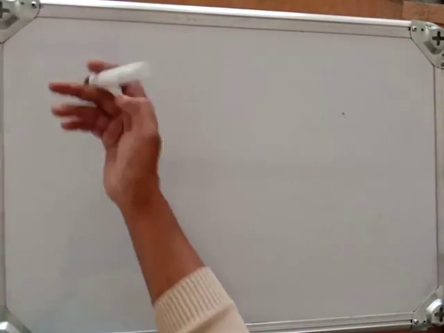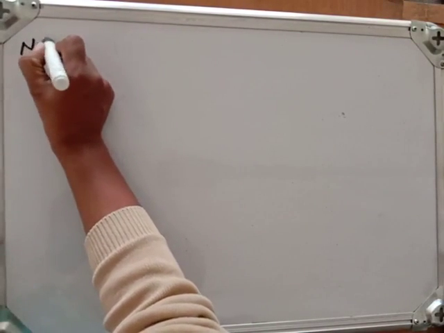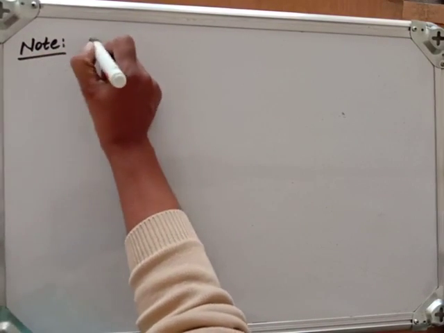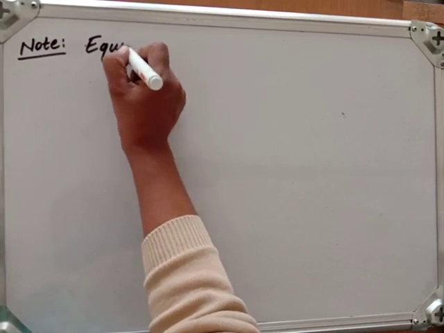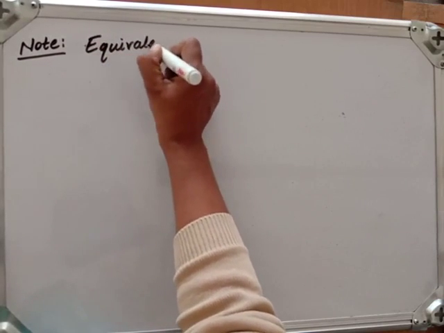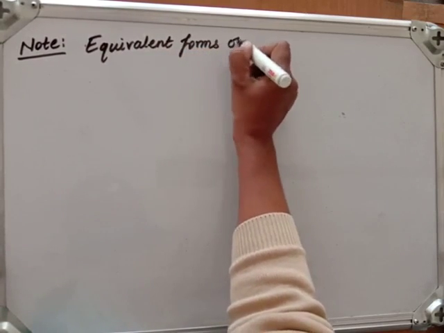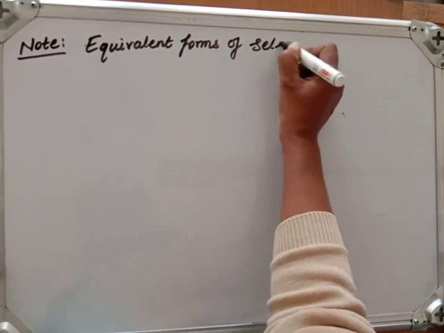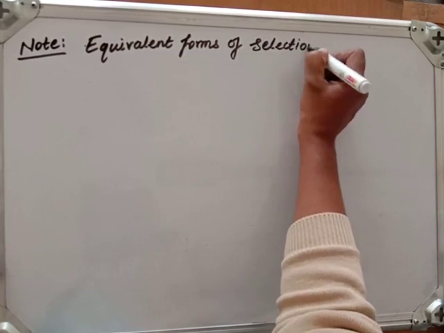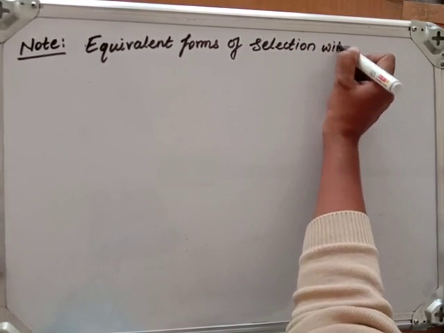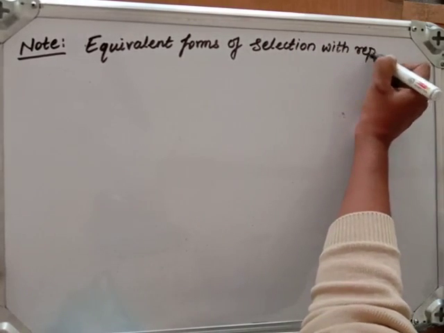So let me give that as a note to you: the equivalent forms of selection with repetition.